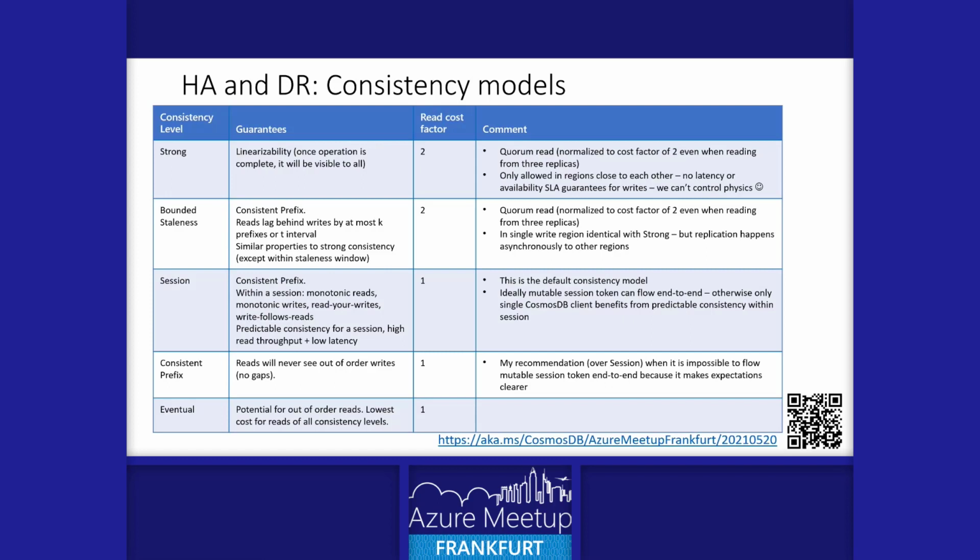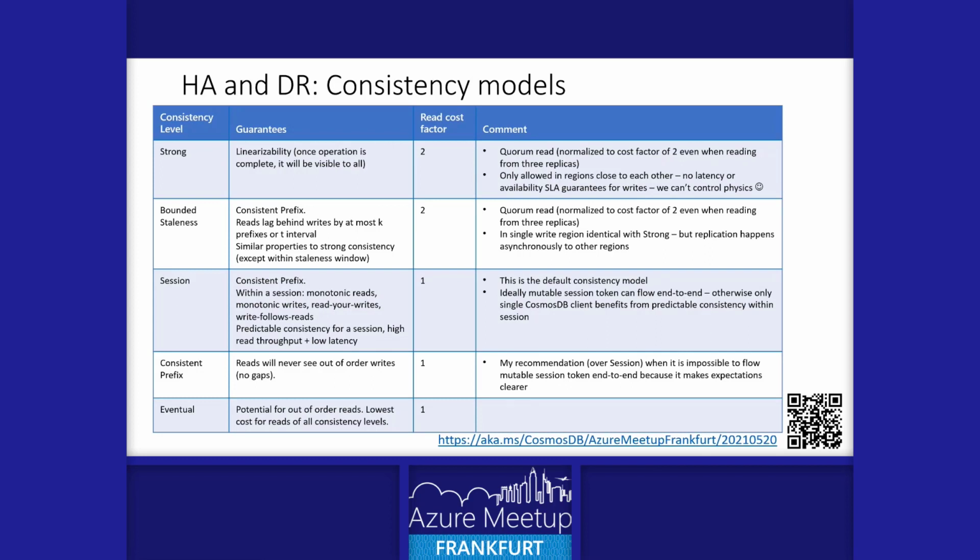Bounded means you can provide limits on how asynchronous the replication may be, so you have a certain time window in which the replication needs to complete. If you get out of the staleness window, then the write would fail.